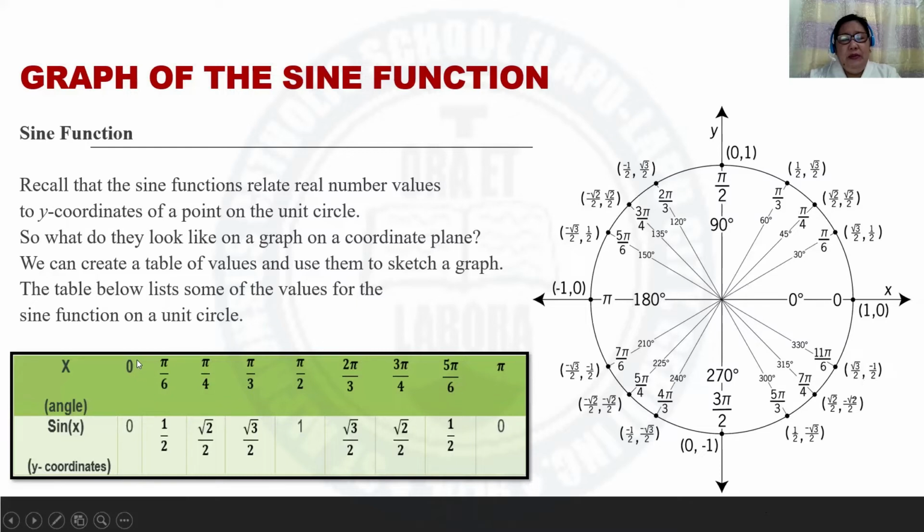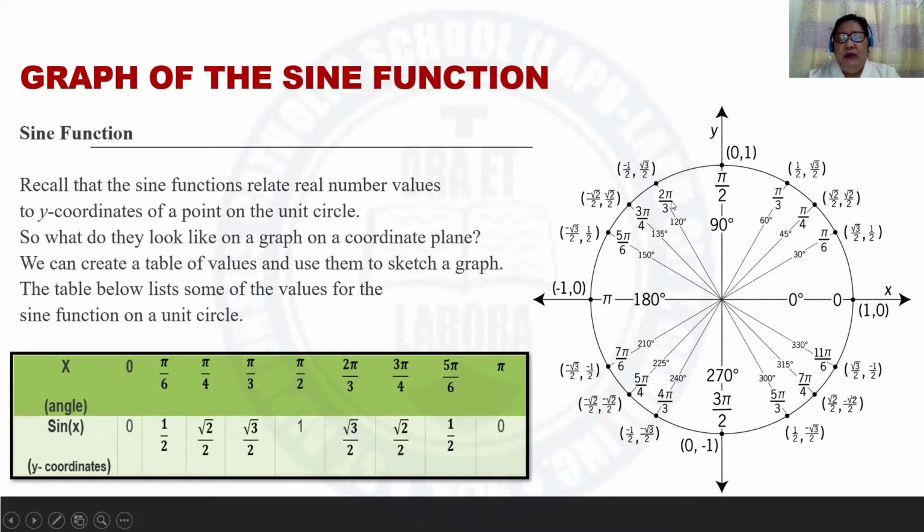So for 0, the y coordinate is 0 here. Pi over 6, the y coordinate is 1/2. So it's here. Pi over 4, the y coordinate is square root of 2 over 2. It's here. Pi over 3, the y coordinate is square root of 3 over 2. For pi over 2, the y coordinate is 1.